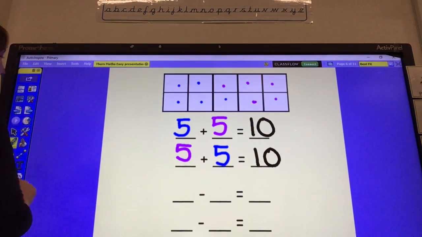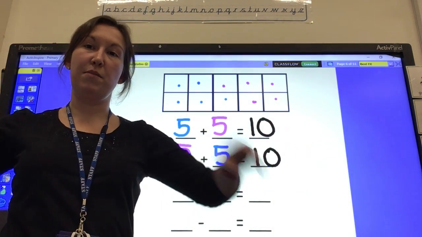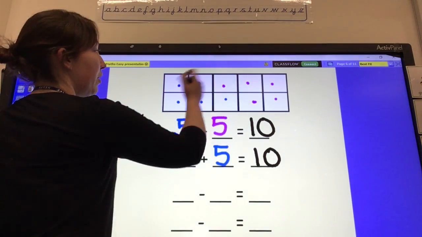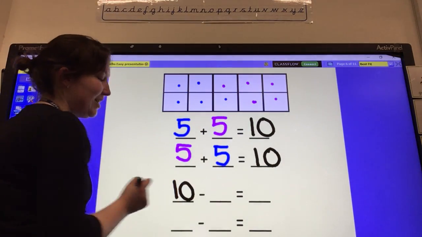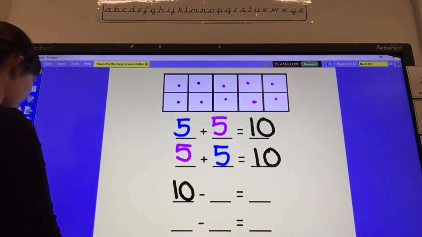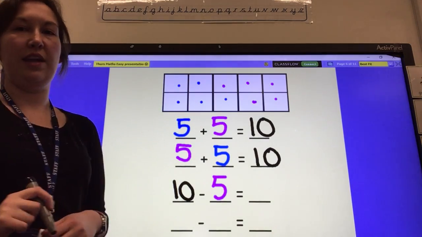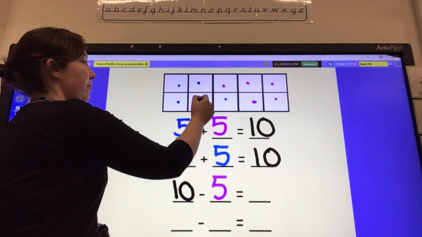Right, now remember, when we're subtracting, we have to start with the greatest number, that total, that whole. And my whole here is 10, and I'm going to do 10, and I'm going to take away my 5 purple ones this time. How many blue ones have I got left? I've got 1, 2, 3, 4, 5.